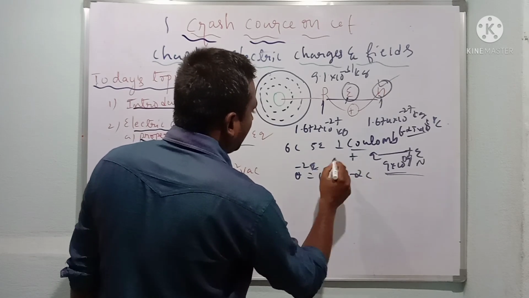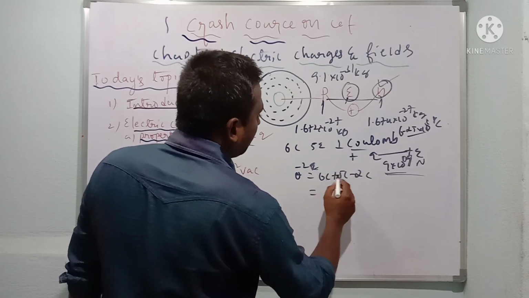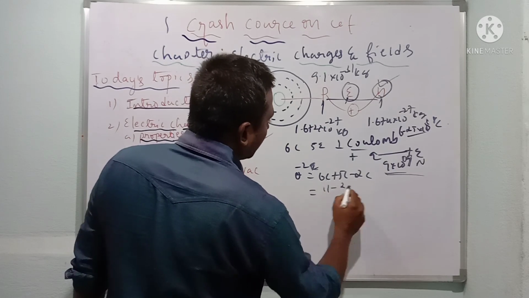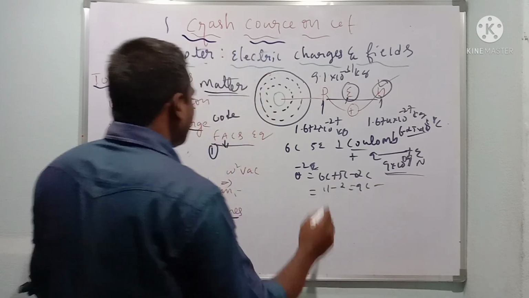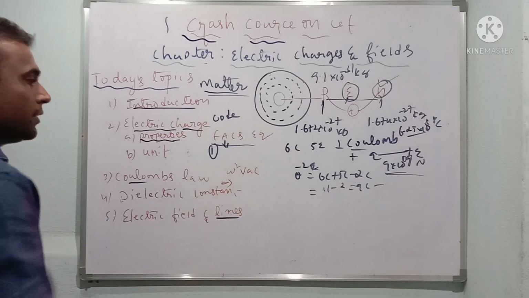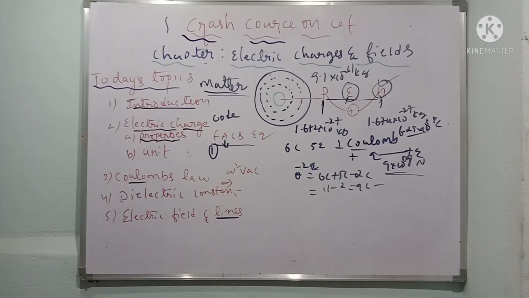It becomes 6 plus 5, 11, 11 minus 2, that is equal to 9 Coulomb. Please note down, children, this is the property of additivity. We discussed two properties: one is the fundamental property and the second is the additivity property. Additivity means just adding.